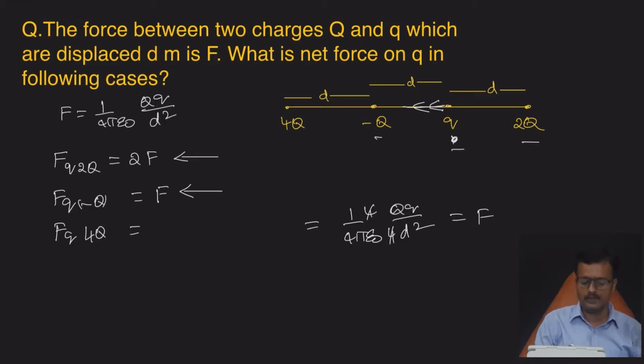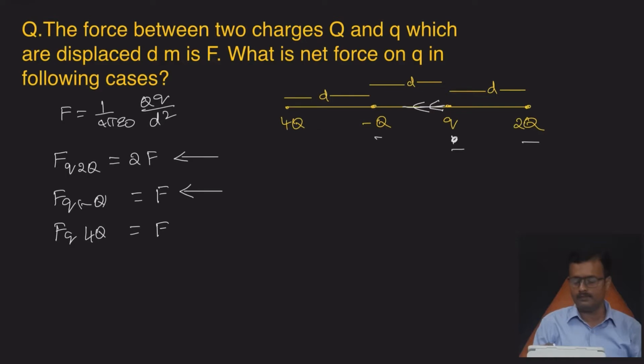So what is the direction of the force? q and 4Q are positive charges, so 4Q repels q along this direction. Look here, two forces are in the same direction and one force is in the opposite direction.